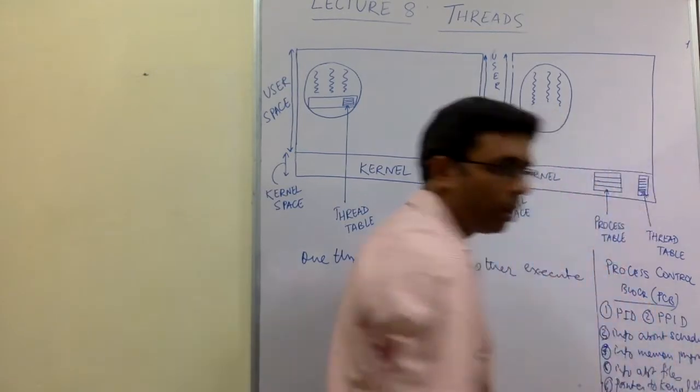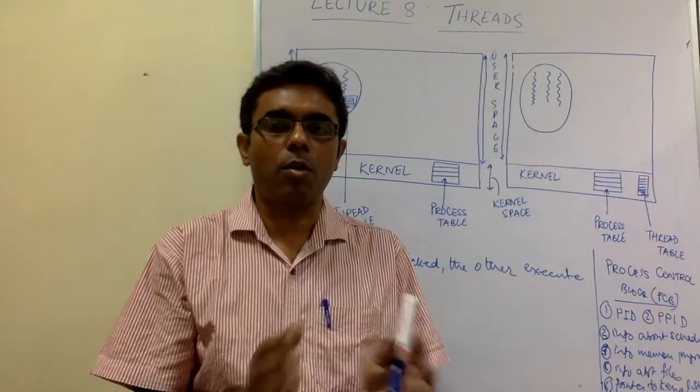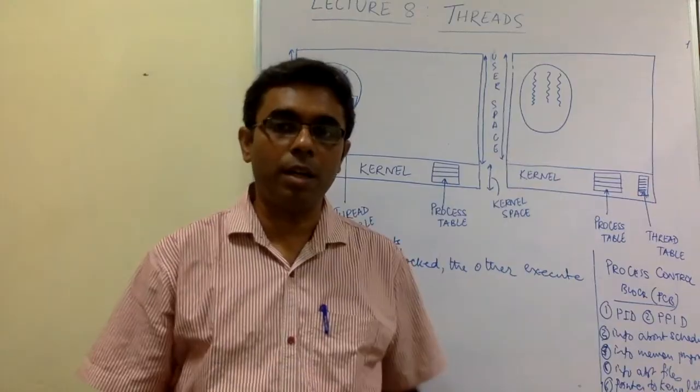All information regarding the process is maintained in this data structure called the process control block, and the kernel maintains it.